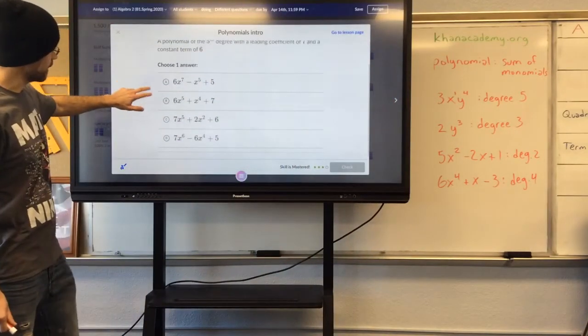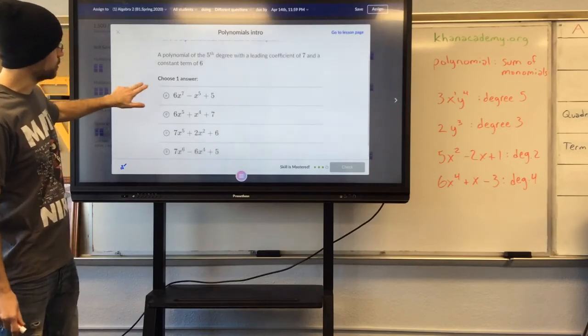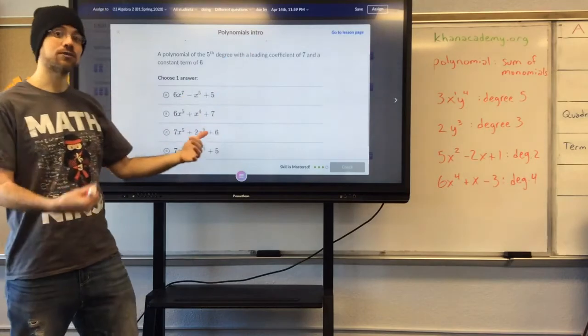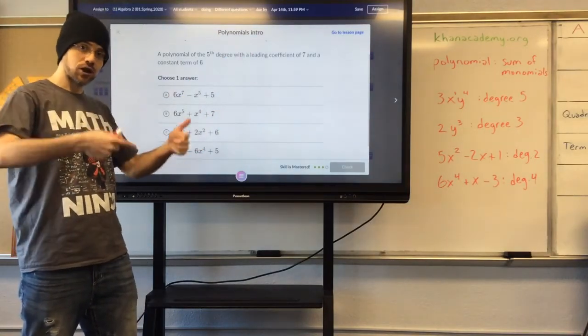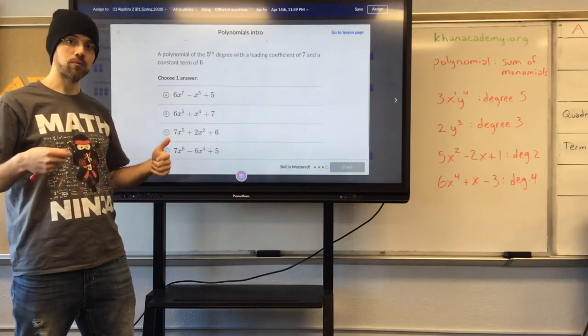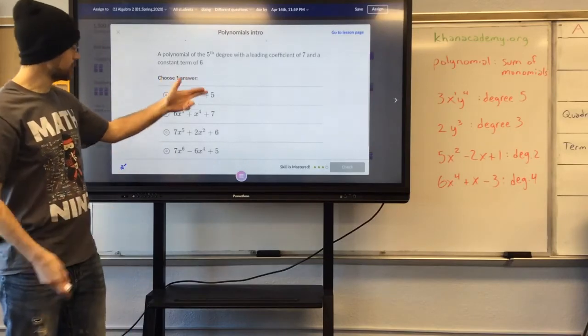Our possible answers are these two because they're 5th degree polynomials. The leading coefficient means when you put these in standard form, the first coefficient, that is the coefficient on the first term with the highest exponent, that's your leading coefficient.